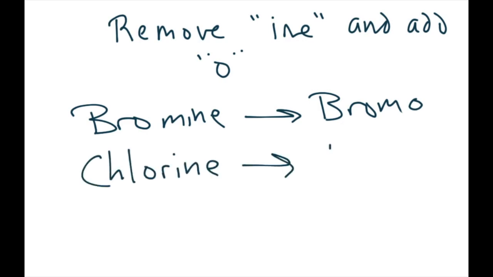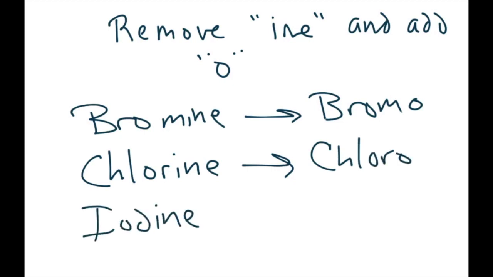Chlorine becomes chloro. Iodine becomes iodo. And fluorine becomes fluoro. Other than that, we just treat them like they are substituents in our names. So they get no preferential treatment in terms of the naming rules because they don't have a suffix that goes on the parent hydrocarbon.